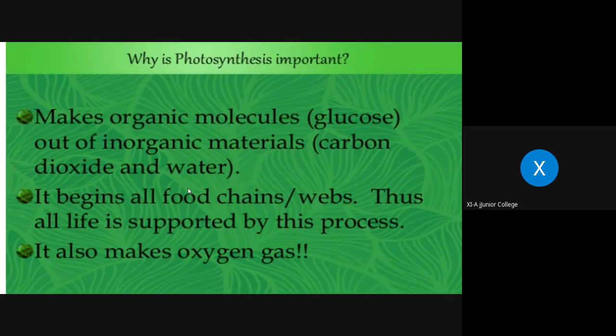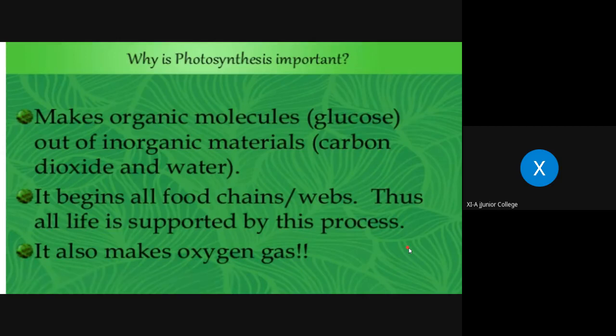So for all that, what is the basic thing required? Plants, because they are producers. They are producing the food material. So all heterotrophs are dependent on autotrophs, isn't it? And photosynthesis makes oxygen gas, which is very important.